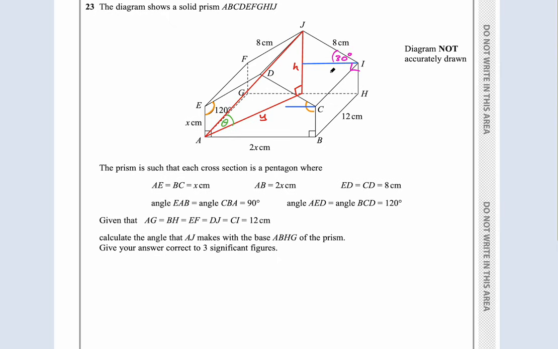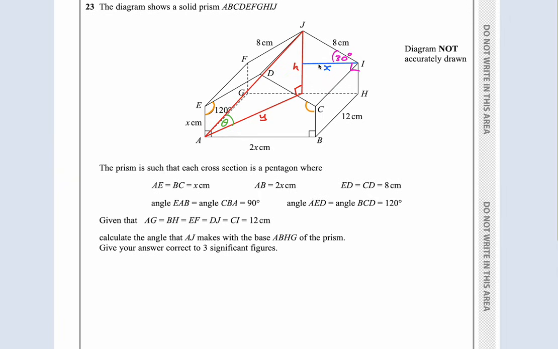This is actually X, because this blue length here is half of this line, because this red line was drawn right through the middle. So that length is X.